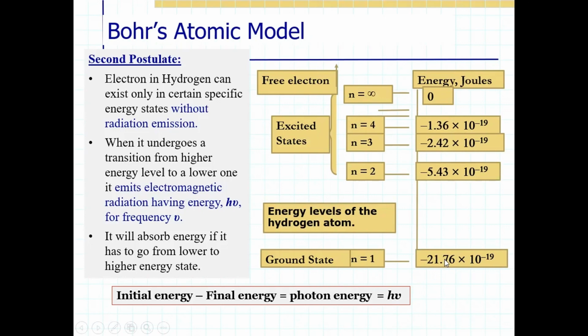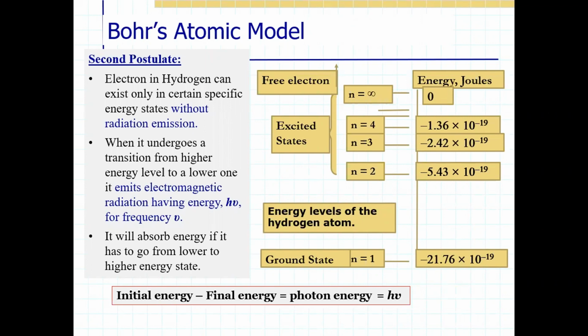The ground state energy in terms of joules is given here, but nobody is using joules anymore. They convert this energy into electron volts. And 1 electron volt is equal to 1.602 × 10^-19 joules, and we can convert the energy into electron volts.